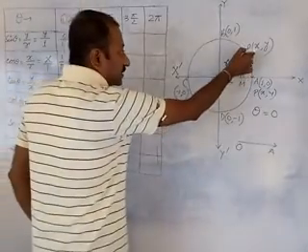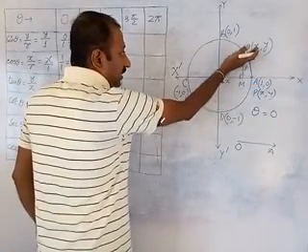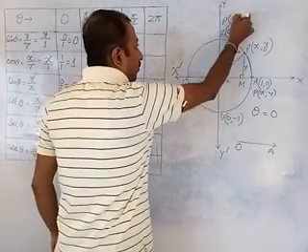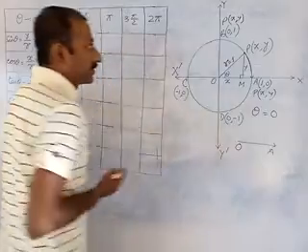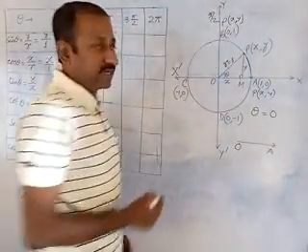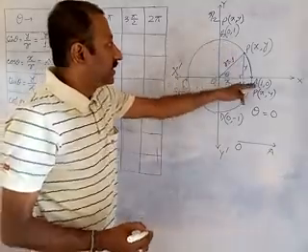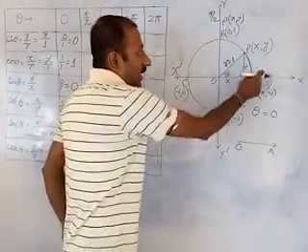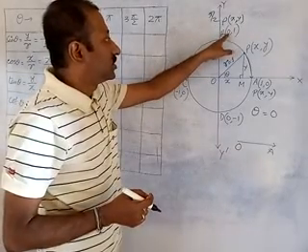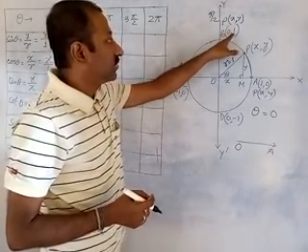This position P comes to B, so P is x comma y now. If it is pi by 2 or 90 degrees, the angle is BOA. Now the value of x is 0 and the value of y is 1.